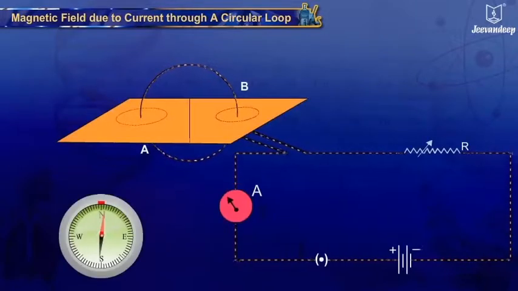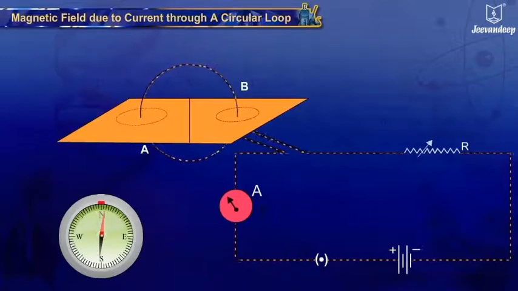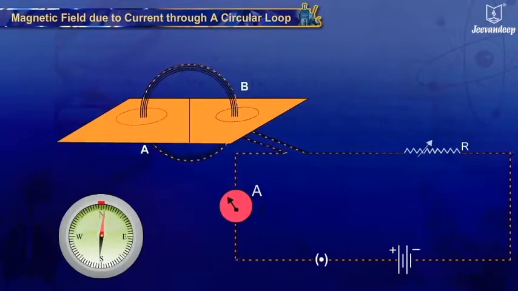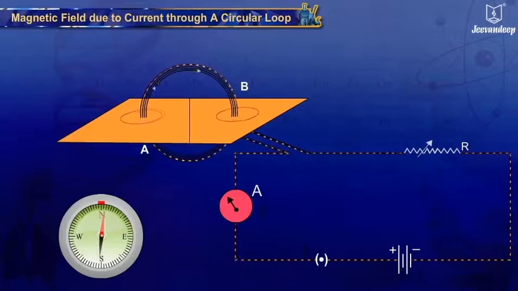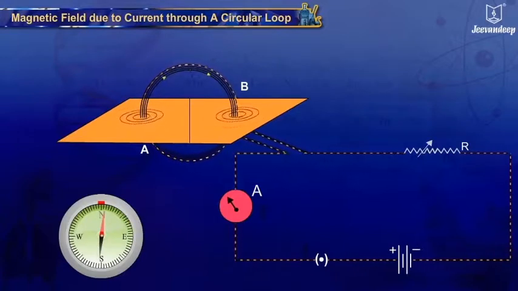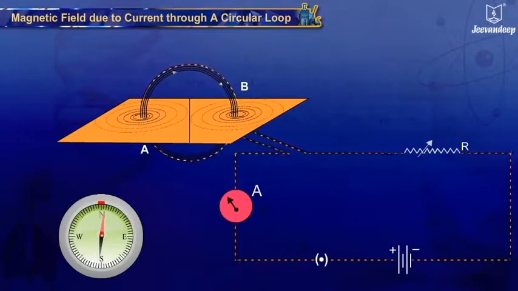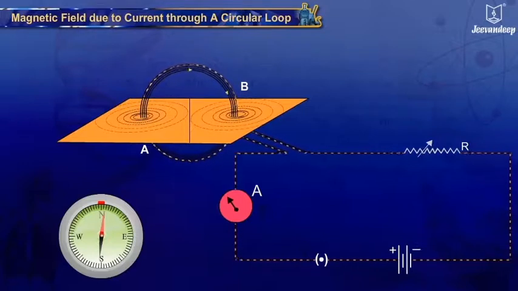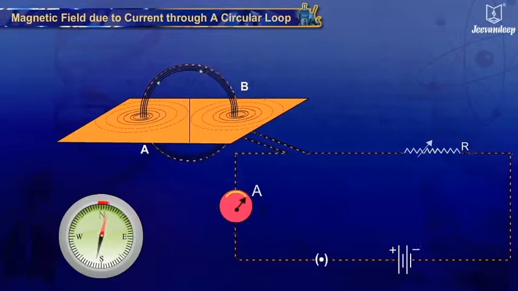This is so because each circular turn has same direction and the magnetic field produced by each one gets added up to form a much stronger field.